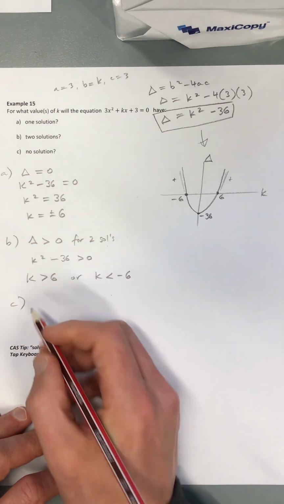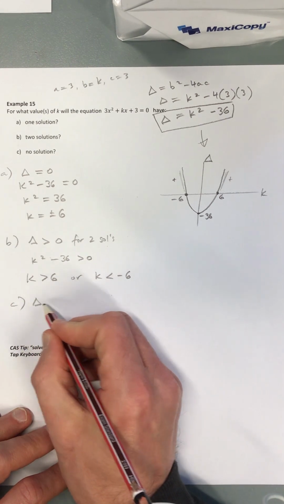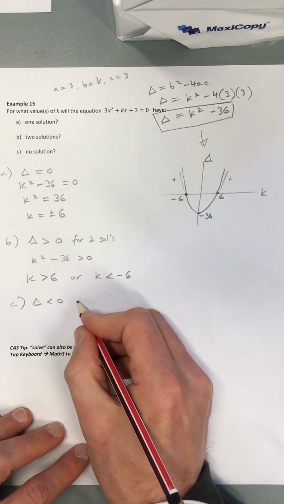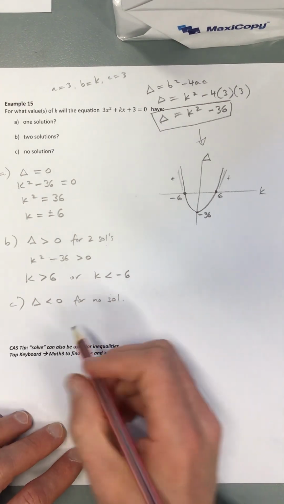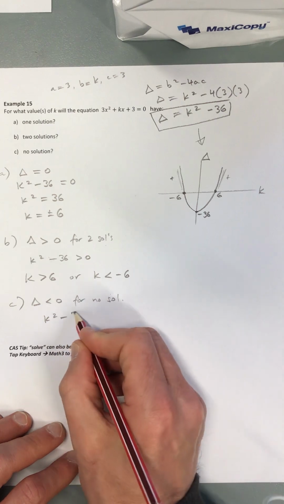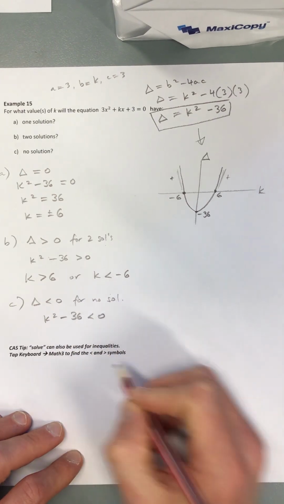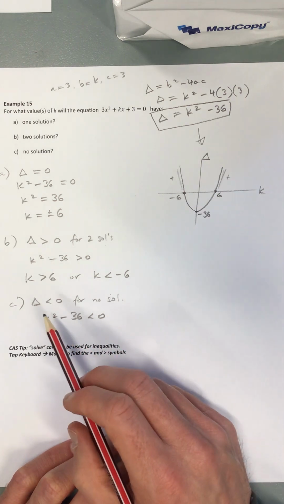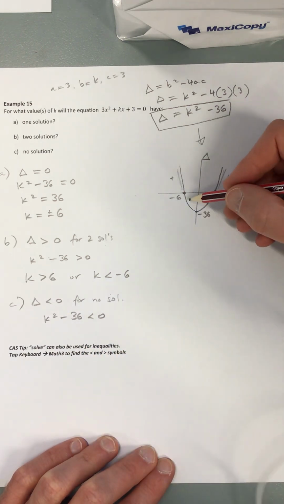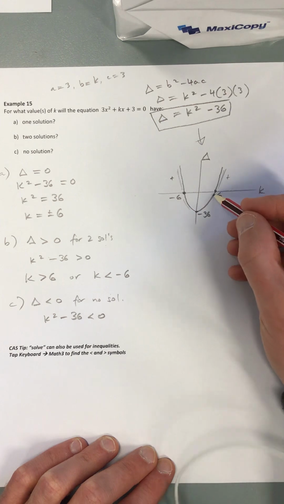For part C of the question, for no solution, we want the discriminant to be less than 0. And therefore k squared minus 36 needs to be negative. And that happens, again, if we go back to our graph, if we're thinking about where is the discriminant less than 0, well, that's happening down here in this part of the graph, in the middle.